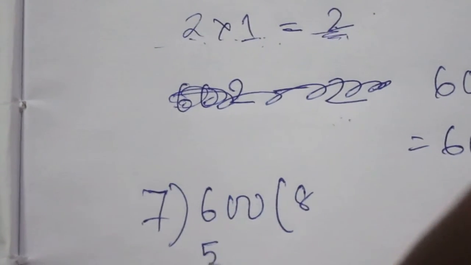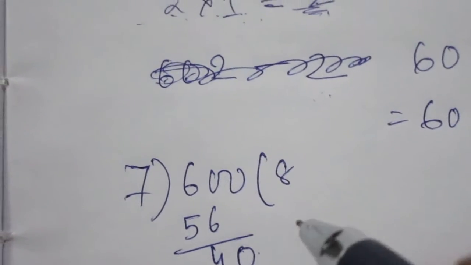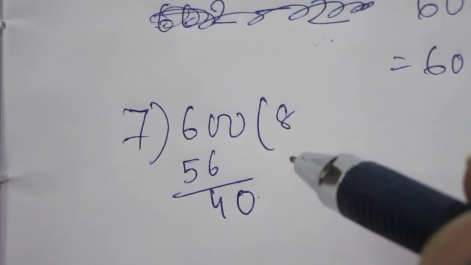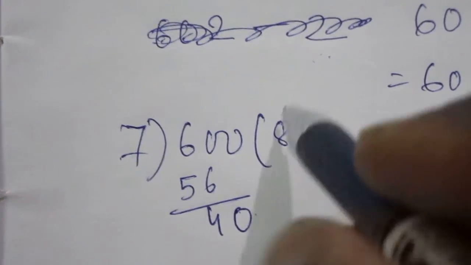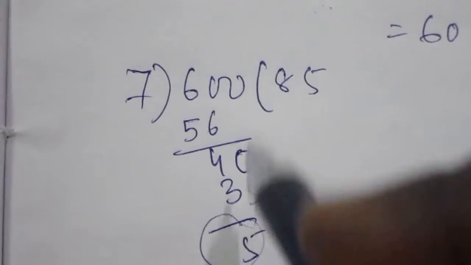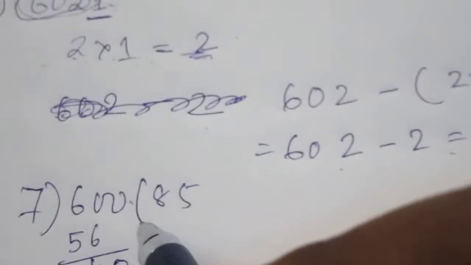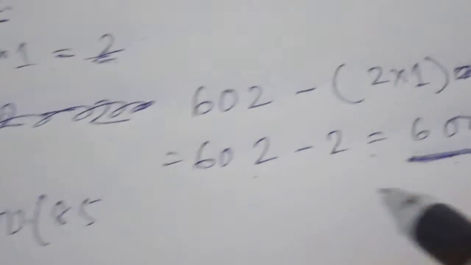7 8 is 56. What is the difference? 4. Then we bring 0 down. So 7 5 is 35. So what is the remainder here? 5. As we get the remainder 5, that means 600 is not divisible by 7.